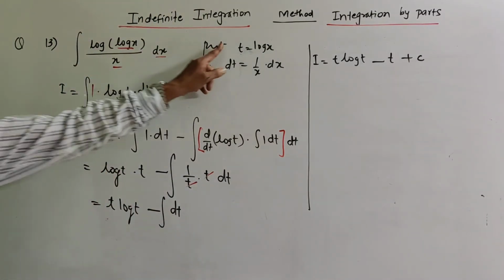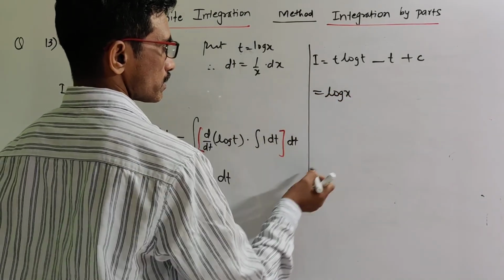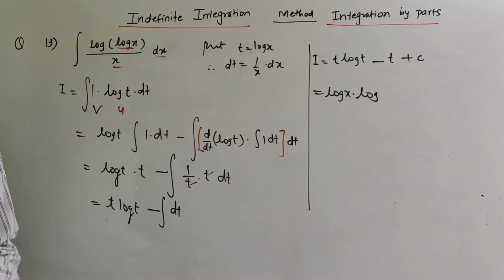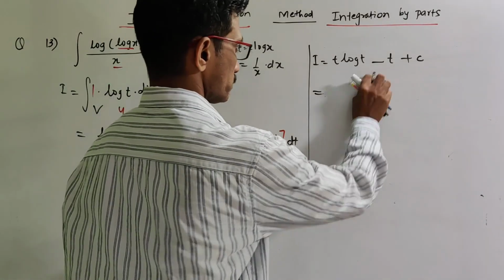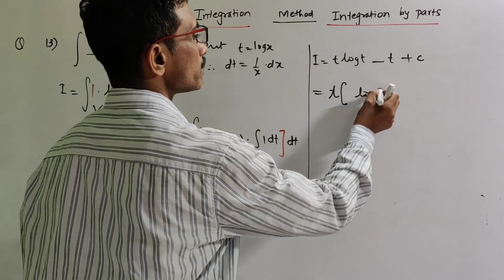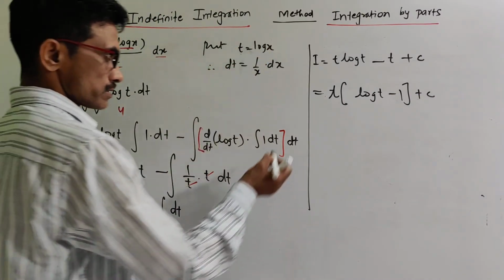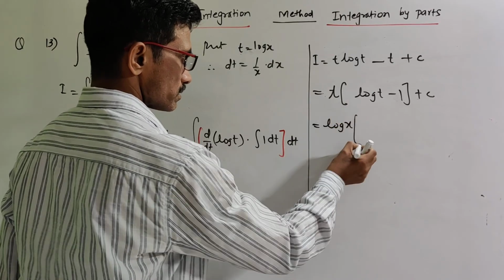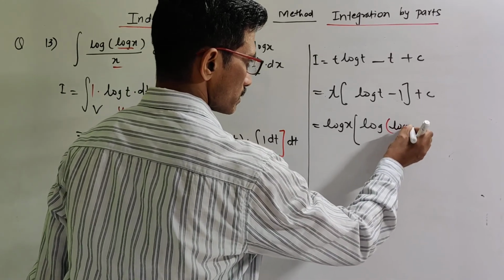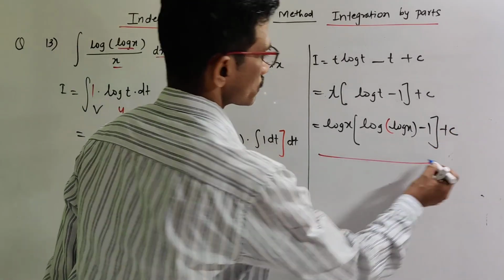Substituting t is equal to log x, we may take this t common, so log t minus 1 plus c, and with t equal to log x, it is log x into log of log x minus 1 plus c. So this is the answer.